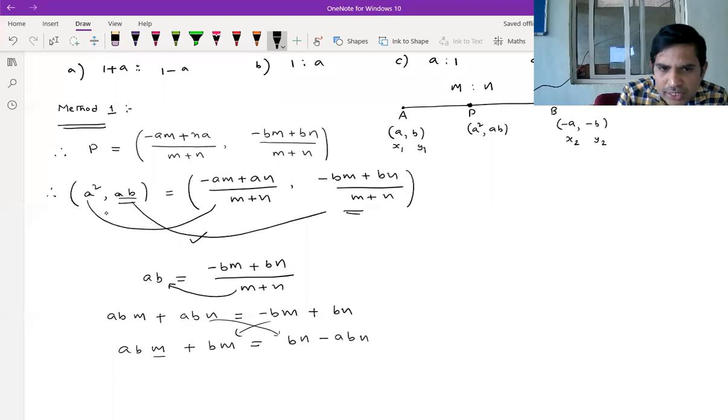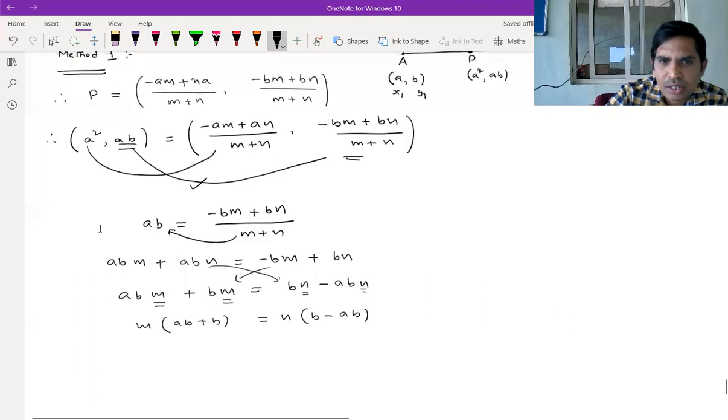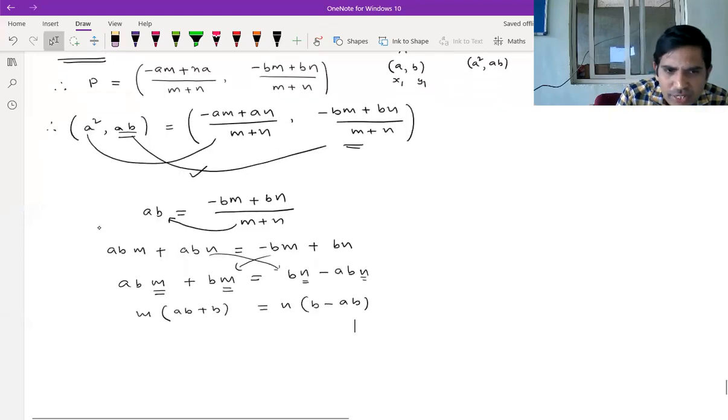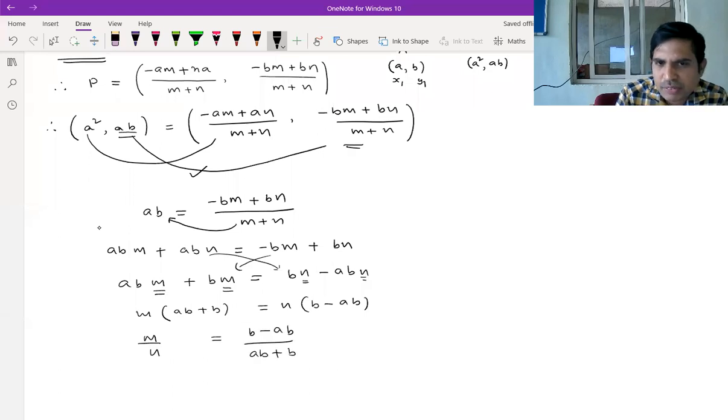Like this. What is common on the left side? M. If you take M common, you get AB plus B. Here, what is common? N. If you take N common, you get B minus AB. Understood? Now what we have to find: M by N is equal to B minus AB by AB plus B. Take B common: 1 minus A, and here, taking B common, A plus 1.